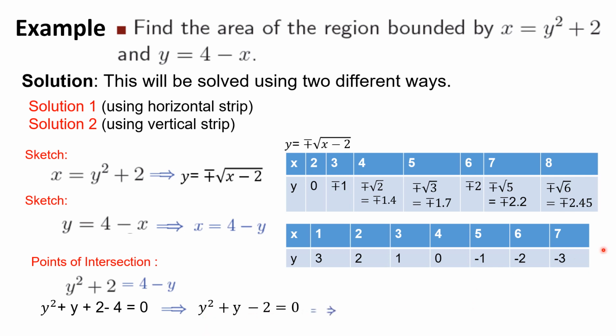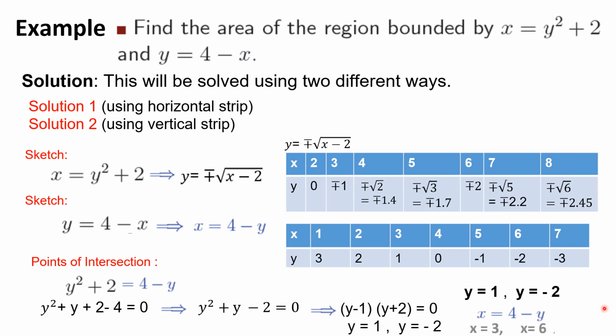Now we try to solve for y. Factor it, and we will have y minus 1 times y plus 2 equals 0, meaning y equals 1 and y equals minus 2. When we substitute y equals 1 and y equals negative 2 into x equals 4 minus y, when y is equal to 1, you will have 4 minus 1, so x will become 3.